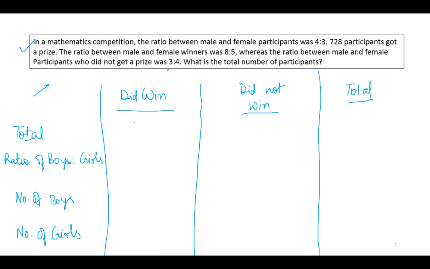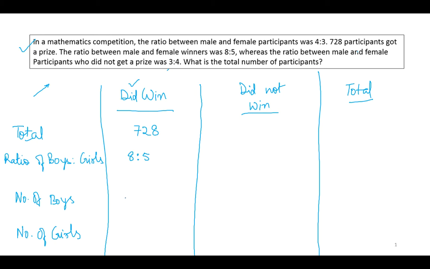The most information that we have about any category is this: the people who did win. Now we know that there were 728 winners in total. All right. We also know that the ratio of boys and girls in this category was 8 is to 5. Now, when we have two groups and we know the total number of people across the two groups, we can find out how many people are there in each group.